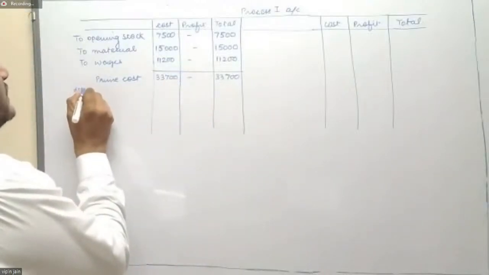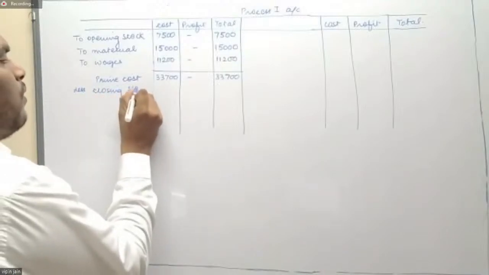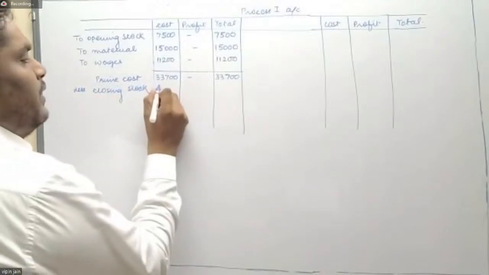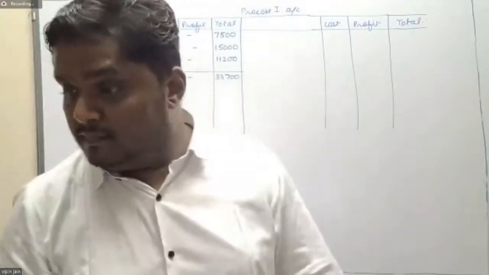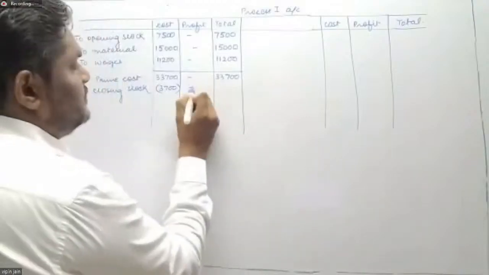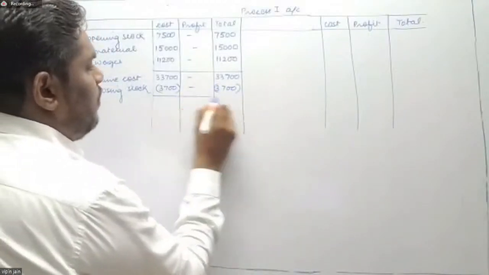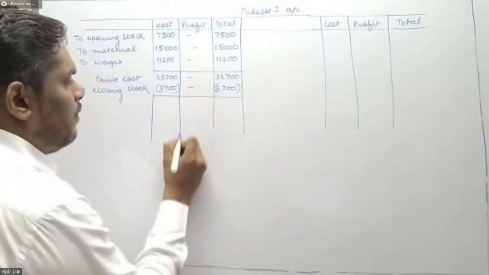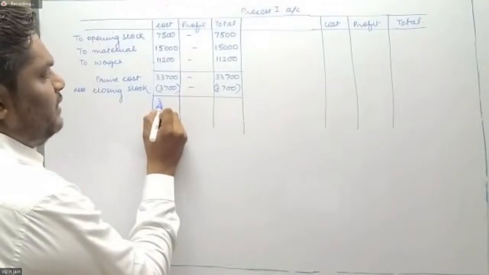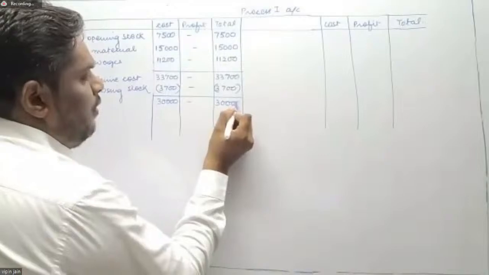We'll deduct closing stock, that is 3,700 and 3,700. So the final figure will be 30,000 and 30,000.